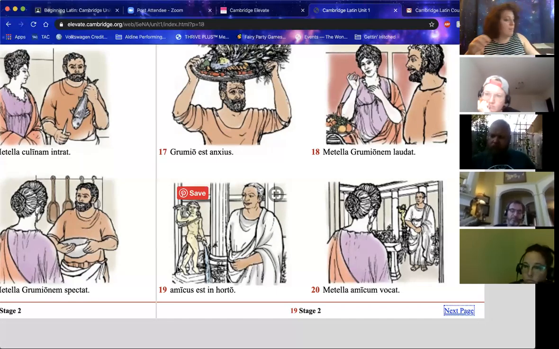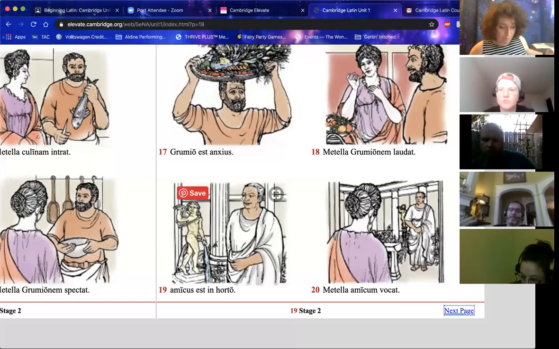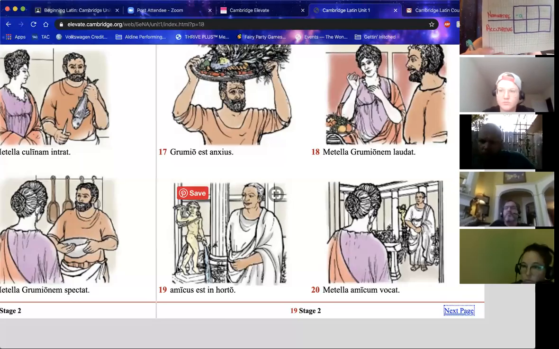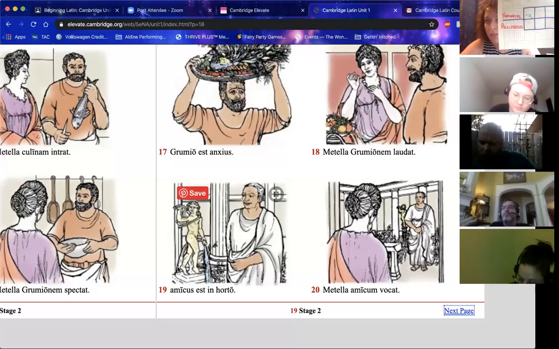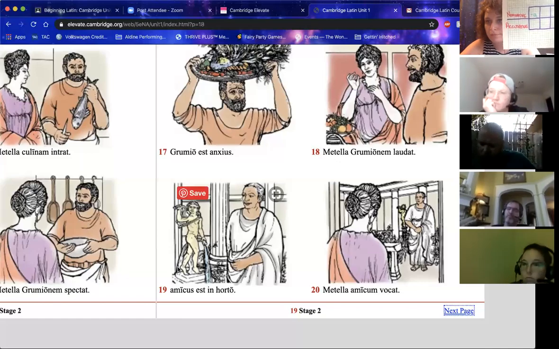So let's start with Metella. When she is in the nominative, or Lucia, when she is in the nominative, what is the ending? A. Just a plain A, a short A. So what I'd like you to write at the top of your first box is just a dash, and that dash is telling you it's an ending, and then a letter A. So what is the accusative form of that word when it's receiving the action?